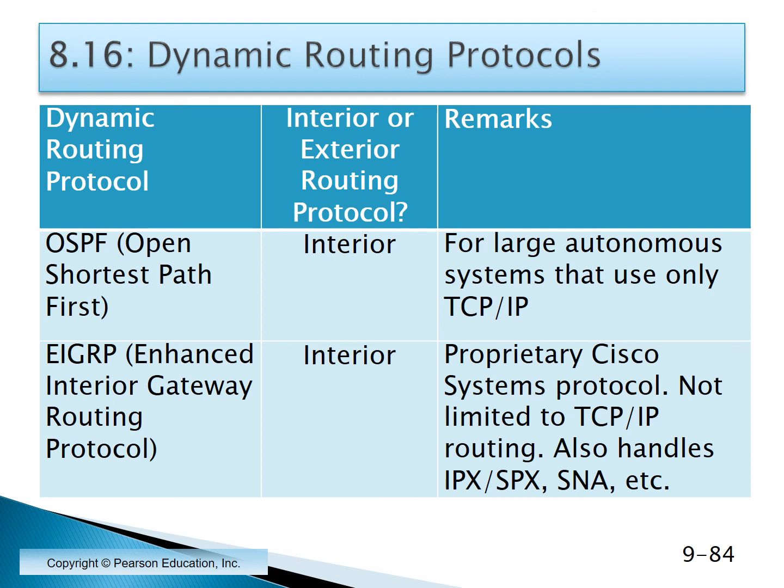It's a proprietary protocol by Cisco Systems. Cisco is basically one of the largest vendors for all these networking devices. It's not limited to TCP/IP routing, but it can also handle other protocols like IPX, SPX, SNA, and so on. So it's also used quite a lot in many of these Cisco systems.